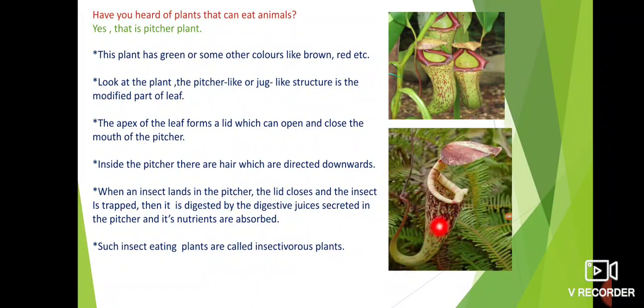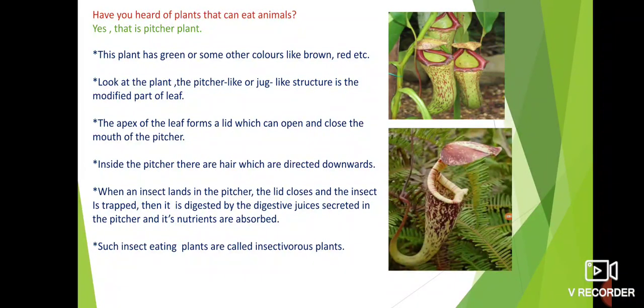There are some digestive juices in this structure. These digestive juices help the plant to digest the insect trapped by the hair-like structures. After digestion, the plant absorbs all the nutrients present in that insect.